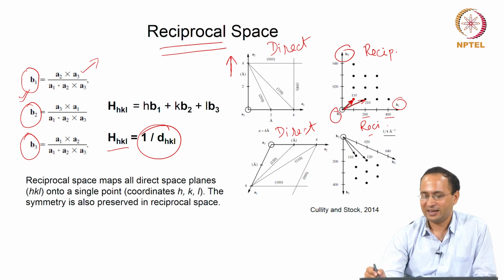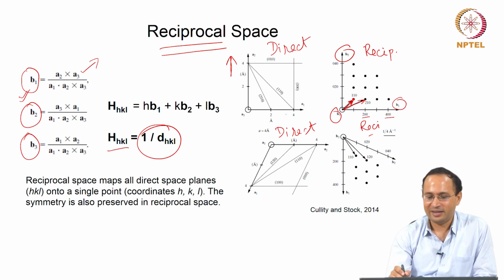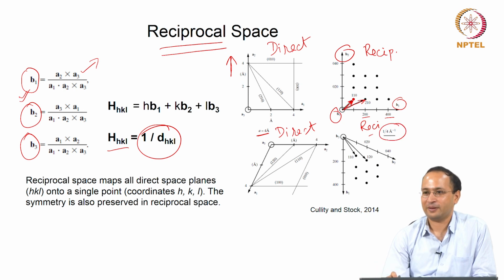So things here are reciprocal: in direct space every distance is in angstrom, for example a is 4 angstrom, while here you have inverse angstrom. We are talking about reciprocal space.